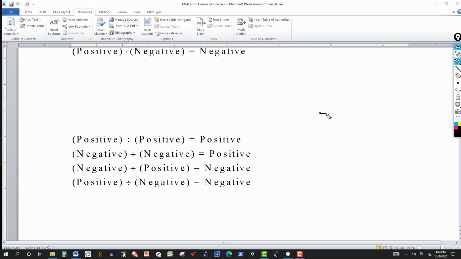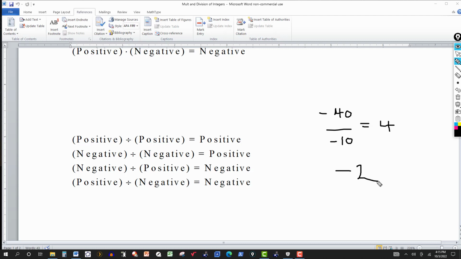If you have a negative 40 divided by a negative 10, negative divided by negative is positive. So you know the answer is going to be positive. And then just do the regular computation here. 40 divided by 10 is 4.